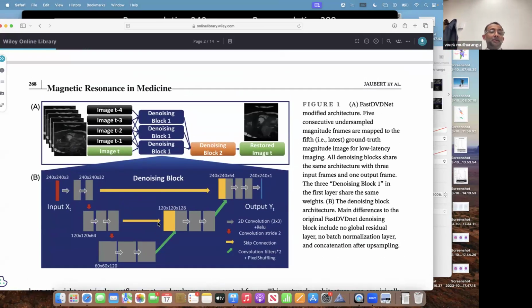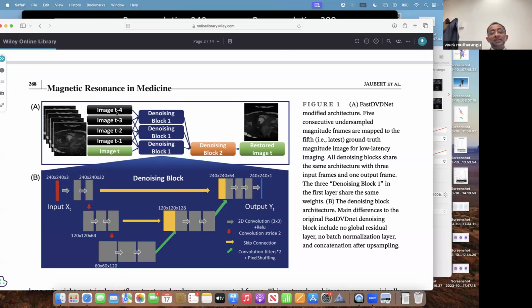Just talking a little bit about the fast DVD network itself. This is a really simple network, and it's been demonstrated to be very powerful in video denoising. Essentially, it's just 2 UNets. There's a first set of UNet blocks, and there's a second UNet block, and they essentially all have the same structure. So very classical UNet. This is a 2D UNet.